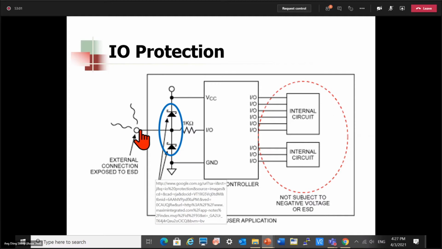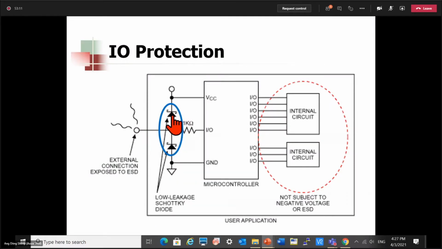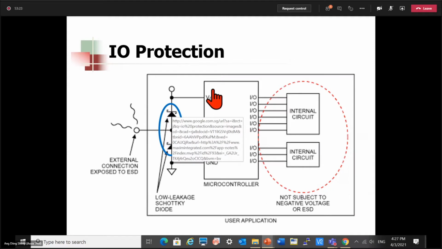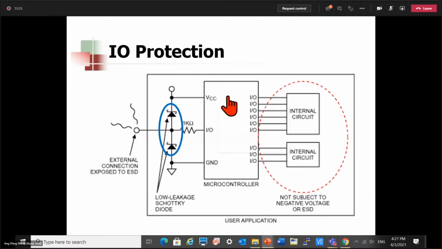So imagine now we have a large positive voltage appearing here. This will cause this diode to turn on and allow the current to be bypassed. As you know, after the diode turns on, the voltage drop across the diode is very small, so that helps to protect the microchip.